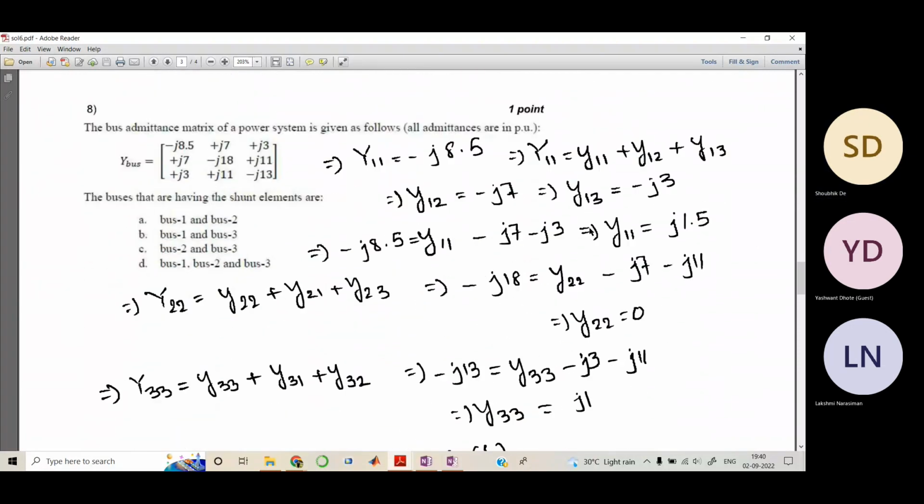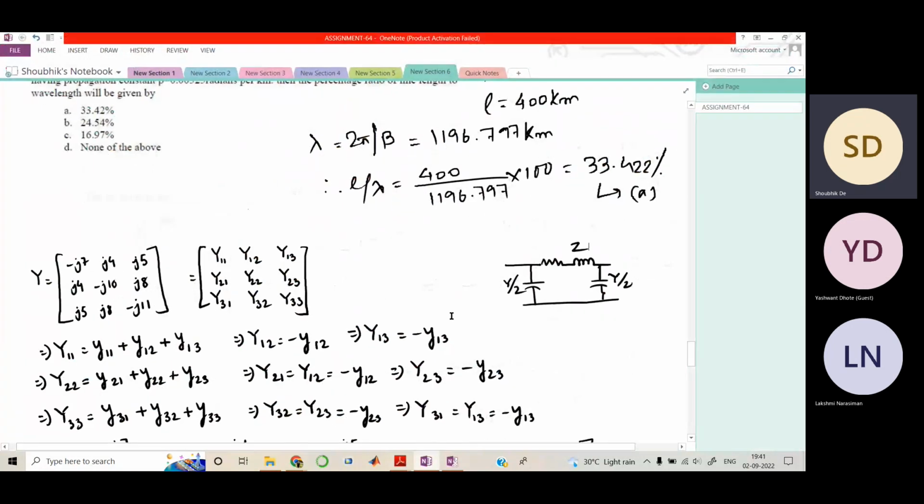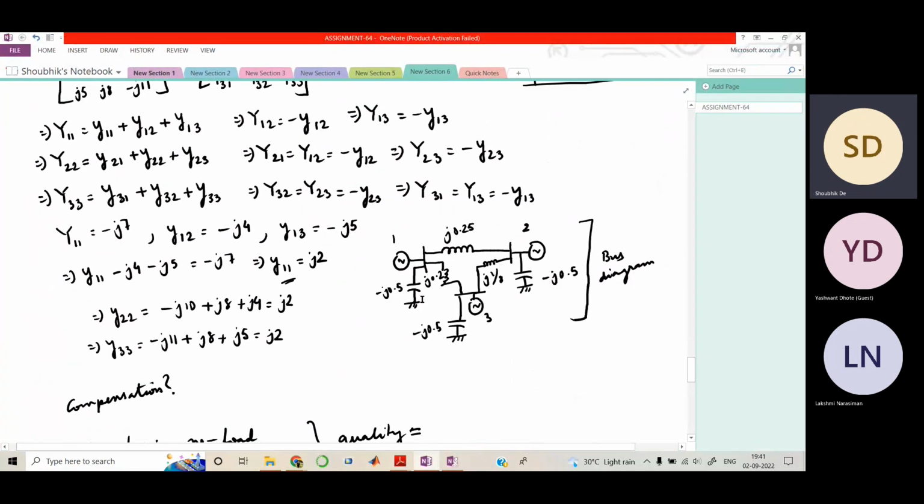Now, this is also another interesting problem, but pretty easy. They have told us that the bus admittance matrix of a power system is given as follows. This is your Y bus matrix. Now they have told us to find out the buses that are having shunt elements. As we saw in this transmission network, each of these buses was having some shunt elements.